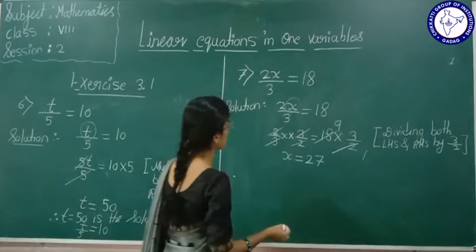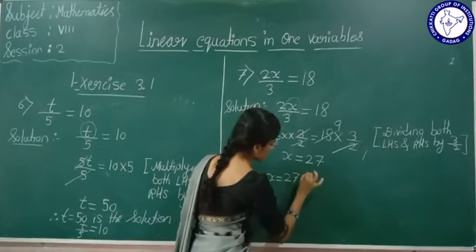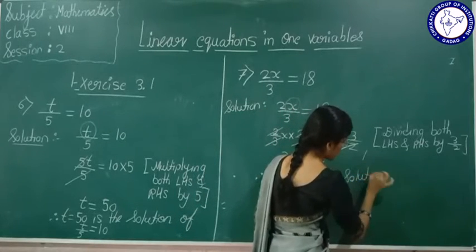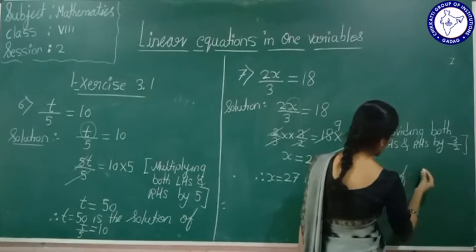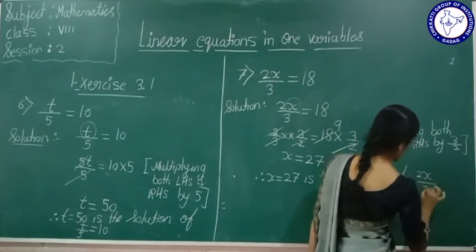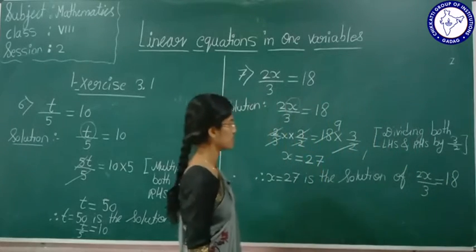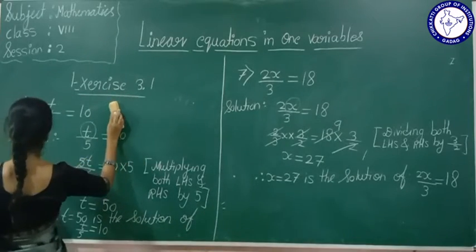Therefore, x is equal to 27 is the solution of 2x by 3 is equal to 18. Next we will see the 8th problem.